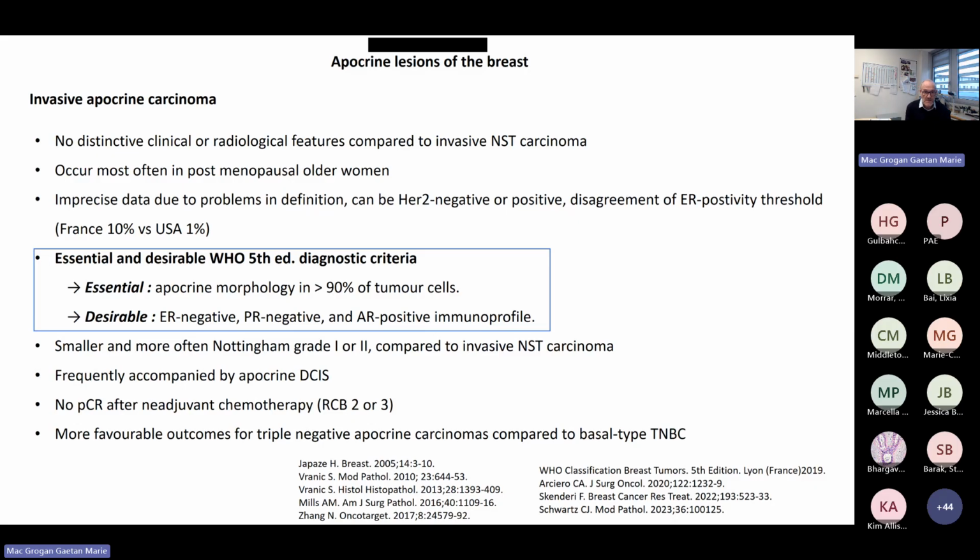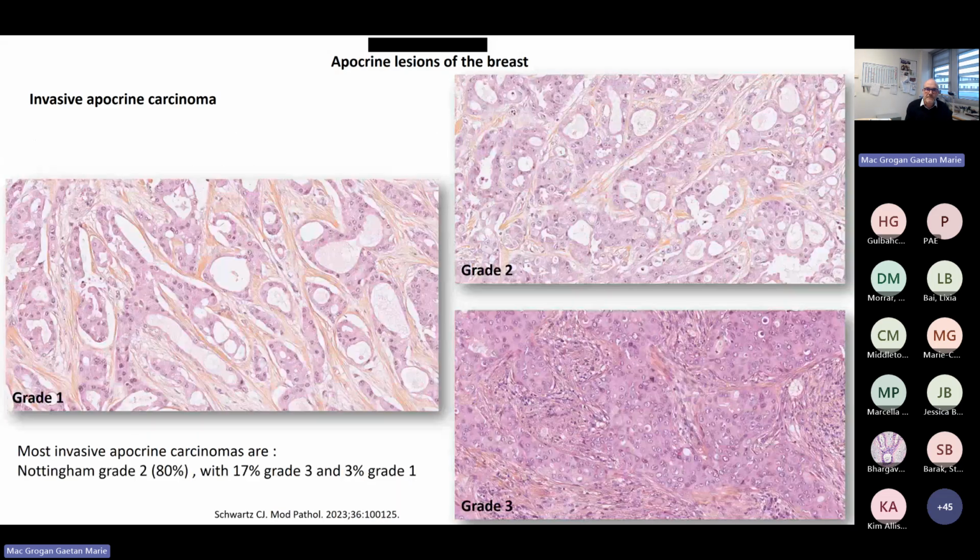These types of tumors do not respond well to neoadjuvant chemotherapy. There was no pCR found in the series of Schwartz et al. All lesions were classified as RCB 2 or 3. However, there are more favorable outcomes for triple-negative apocrine carcinomas compared to basal-type triple-negative breast cancer.